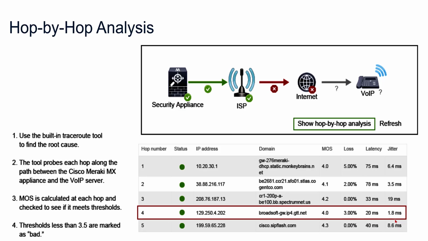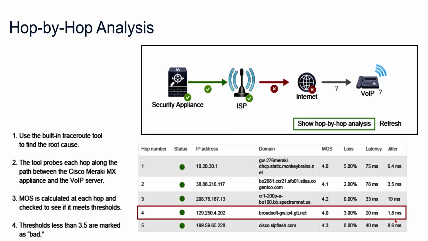It does a path level breakdown between the MX appliance, the ISP, the internet, and ultimately your VoIP server. It is traceroute based analysis, but it's enhanced with things like MOS scoring, packet loss, latency, and jitter at each individual hop along the path.